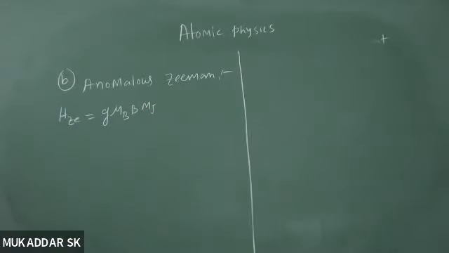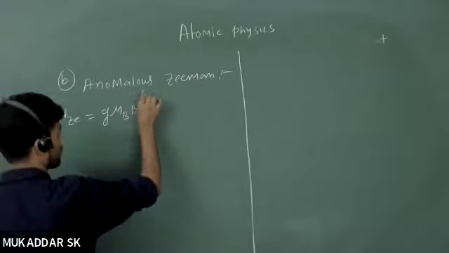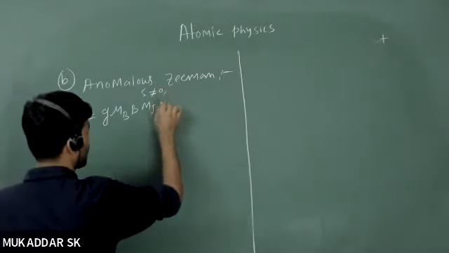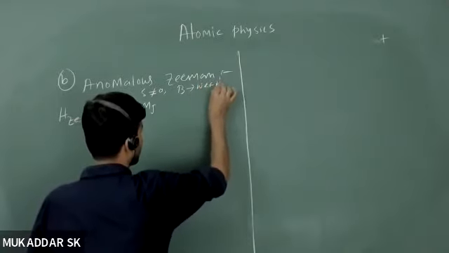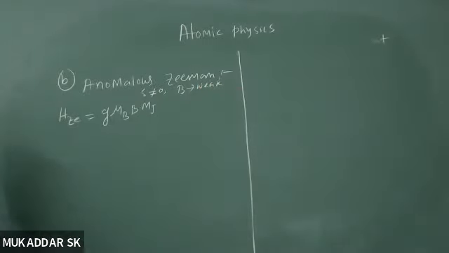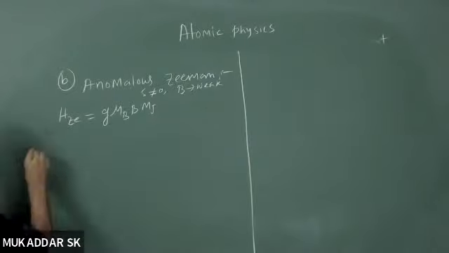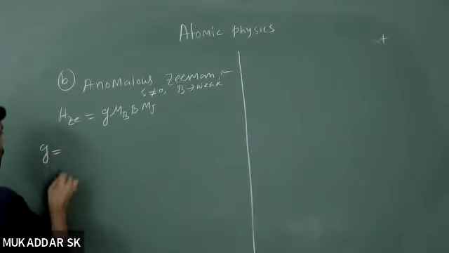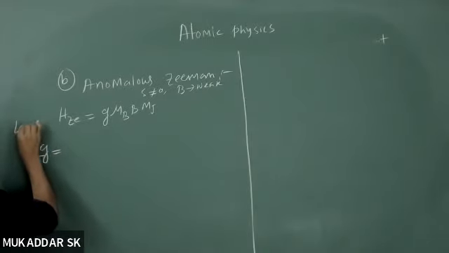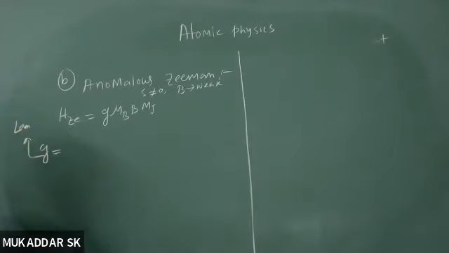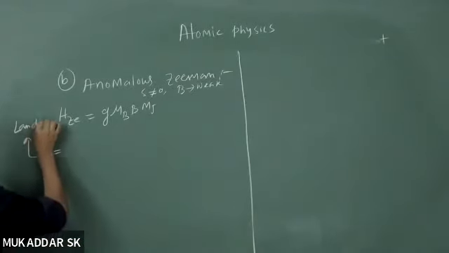Now you have S not equal to 0 for this case, and B is weak. The applied magnetic field is weak, but S is not equal to 0. And g here is basically the Lande g factor. For spin S, it will be 2. But in general, this is known as the Lande g factor, right?